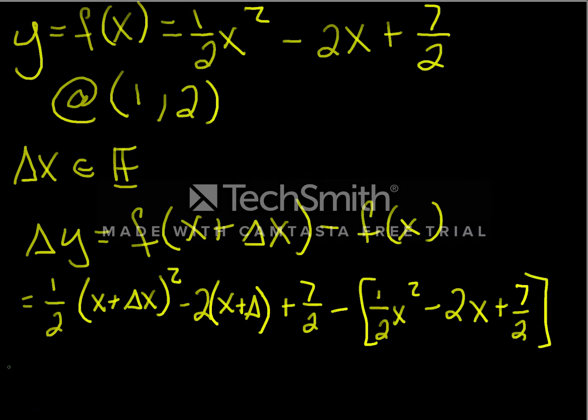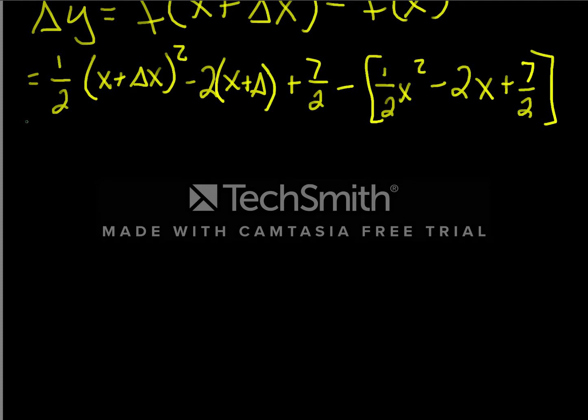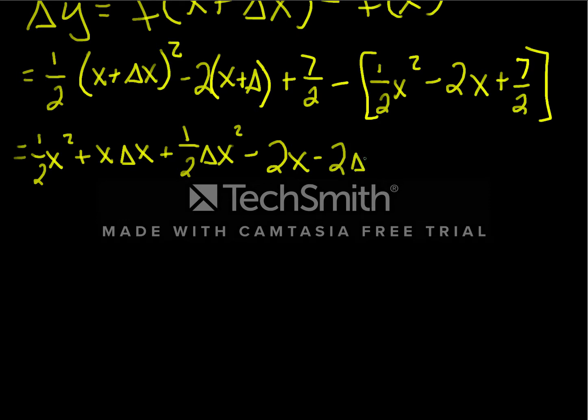If I expand this out, I'm going to need much more room. I will get that this is equal to 1/2 x squared plus x delta x plus 1/2 delta x squared minus 2x minus 2 delta x plus 7/2, and then minus 1/2 x squared plus 2x minus 7/2.